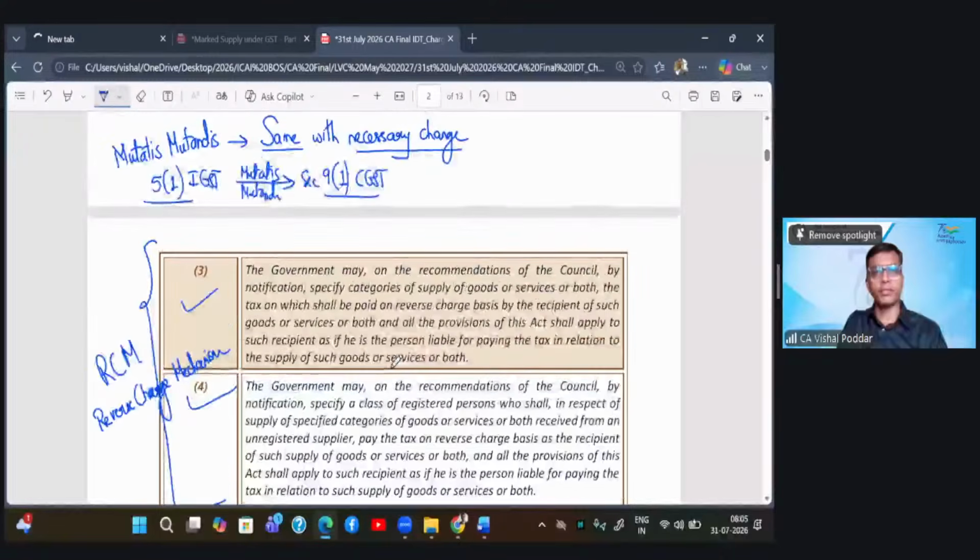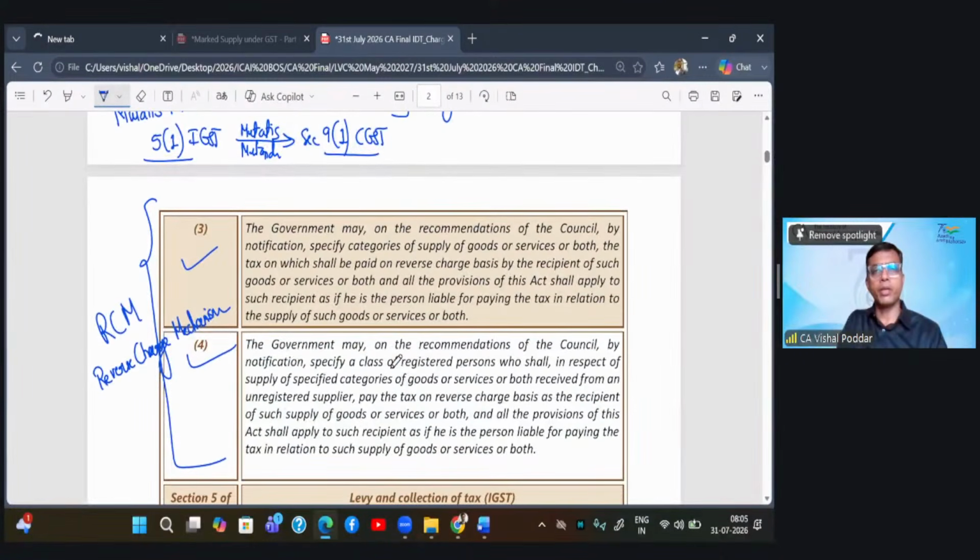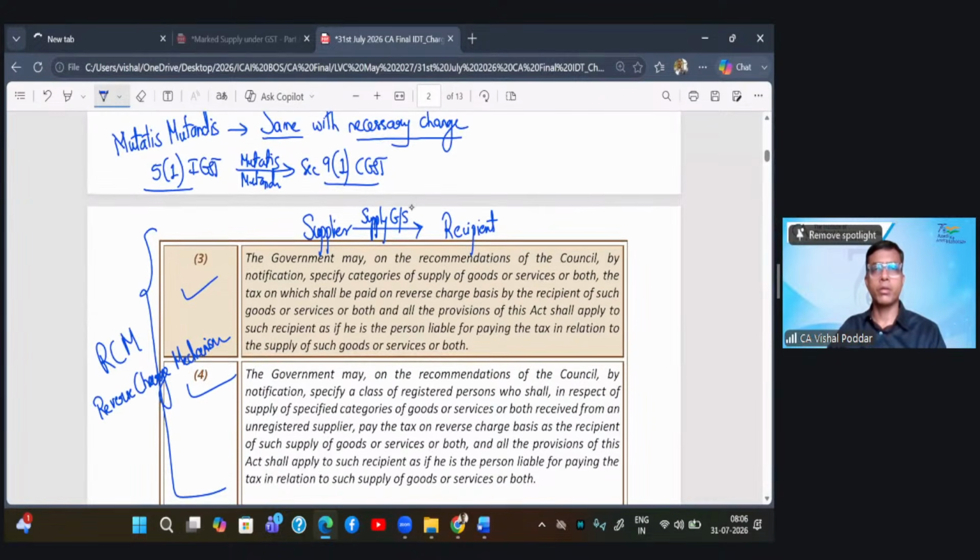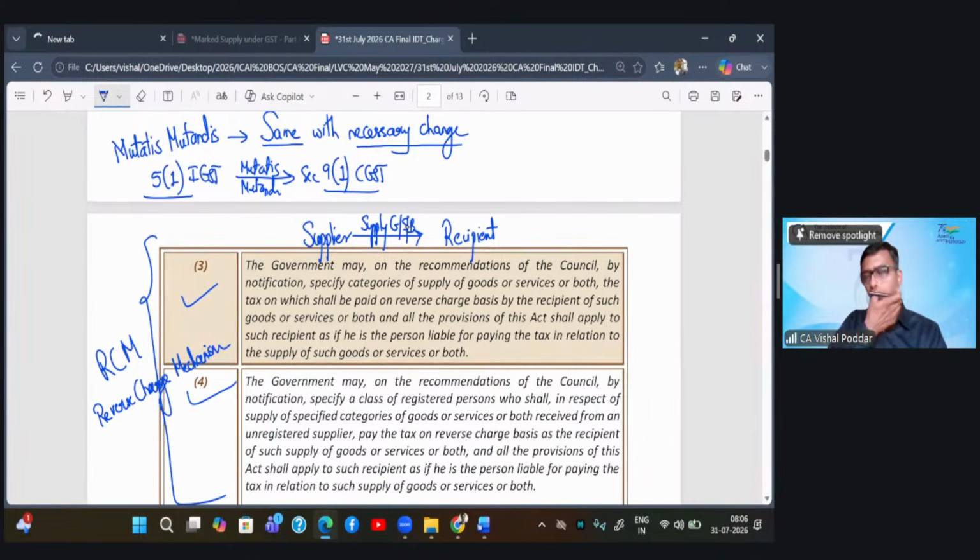Now understand one thing. What is happening in normal cases? So you have a supplier, you have a recipient. Now, one thing is for sure, the supplier is supplying goods or services or both. What happens normally? When the supplier has supplied the goods or service, the supplier will collect money from you.